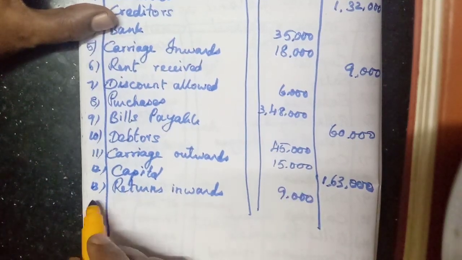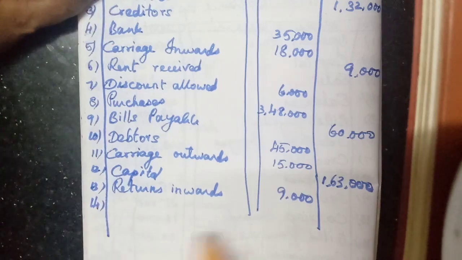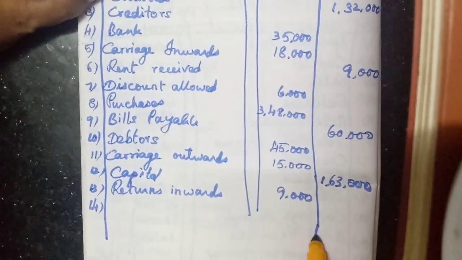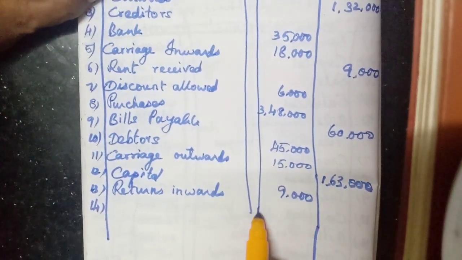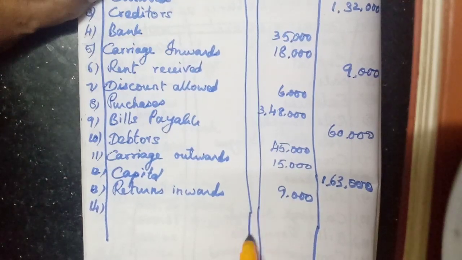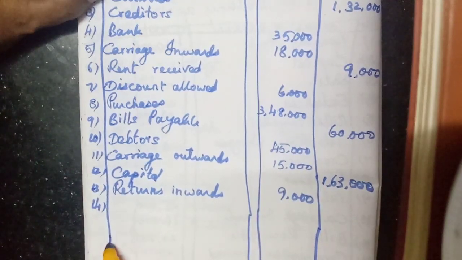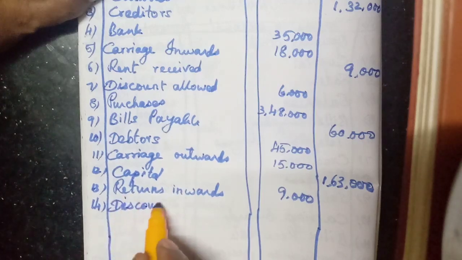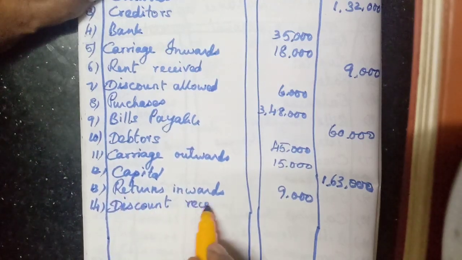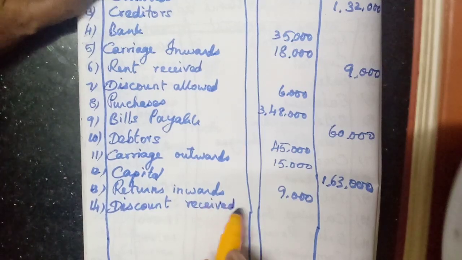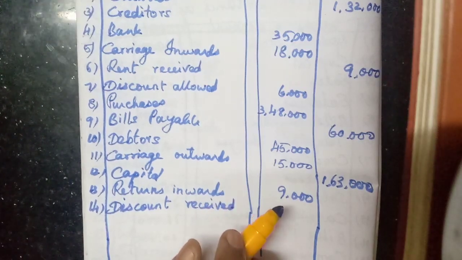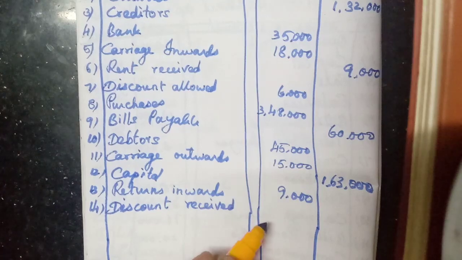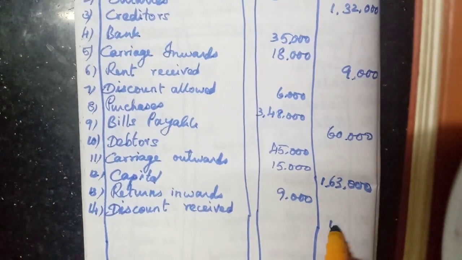Discount received. 12,000. It is income.